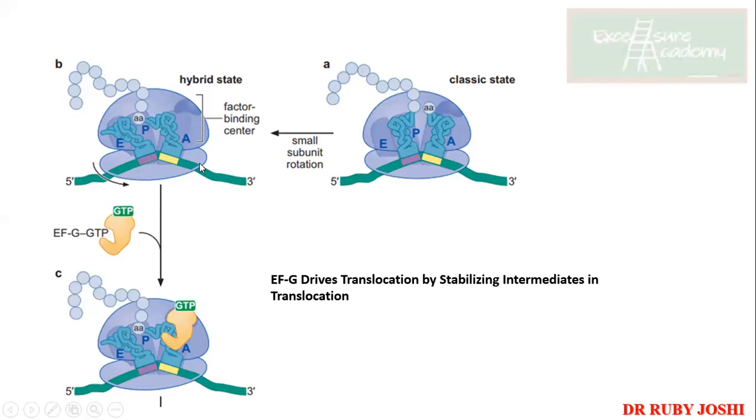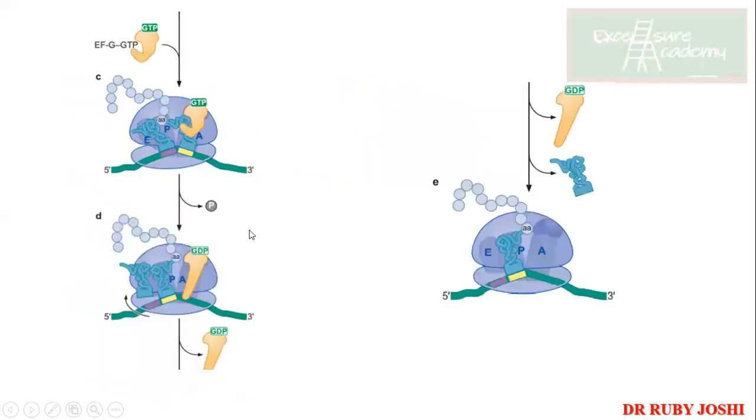So at that time elongation factor G bound to GTP gets recruited and sits at the factor binding site. एक बार जब यहाँ पे hydrolysis होगा of GTP, it is going to take the space of the A site, pushing the A side tRNA to the P side and the P side tRNA to the E side. So E means it is going to exit, it is going to leave the ribosome. Now it is free of any polypeptide chain, so it will leave the ribosome, and this tRNA will get into the P side position.